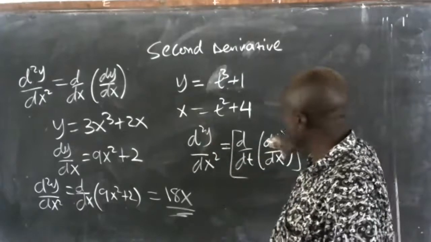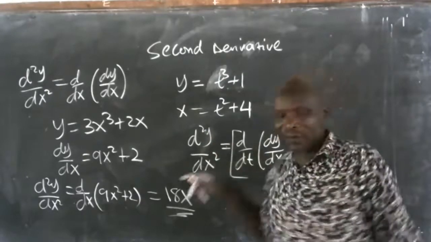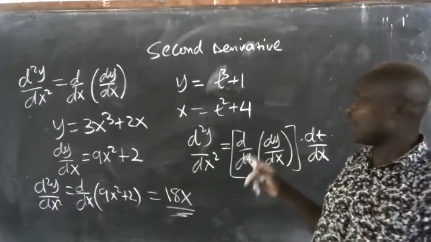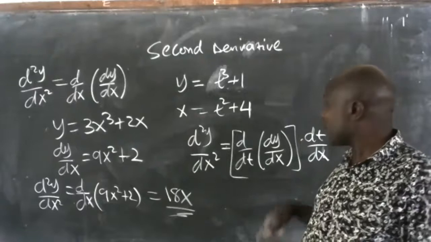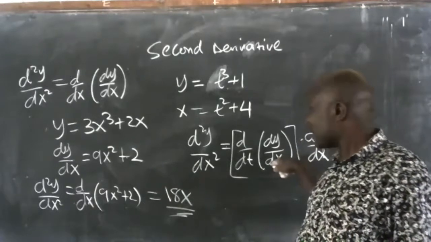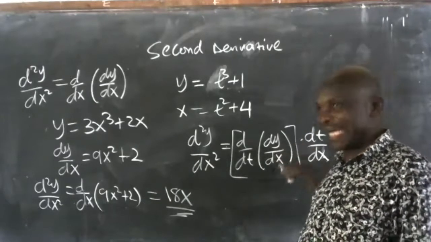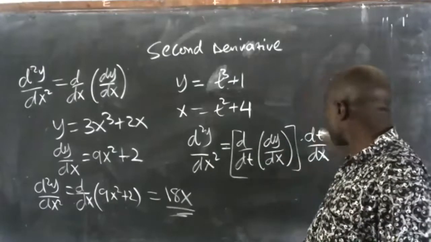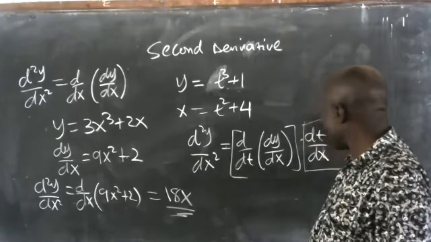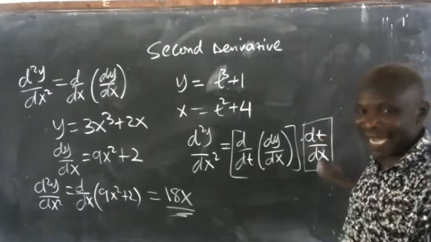It means that first of all we get dy/dx, because we have x and y in terms of t. Then we do it a second time, but because it is in terms of t, we shall say d/dt of what we have, and multiply our answer by dt/dx.